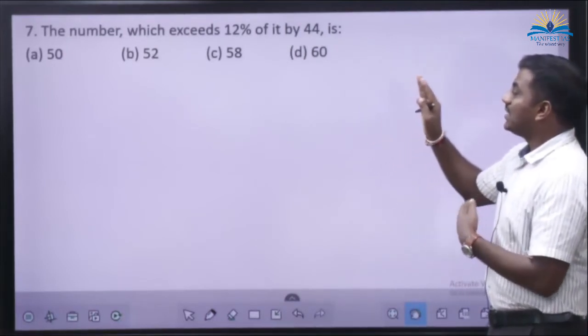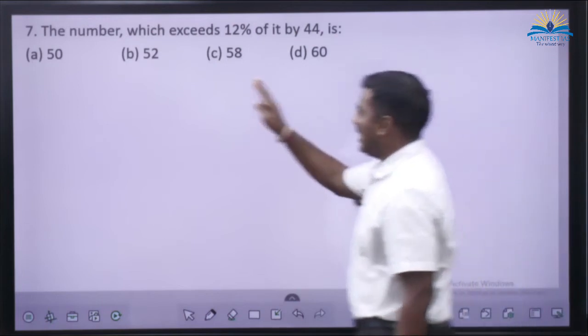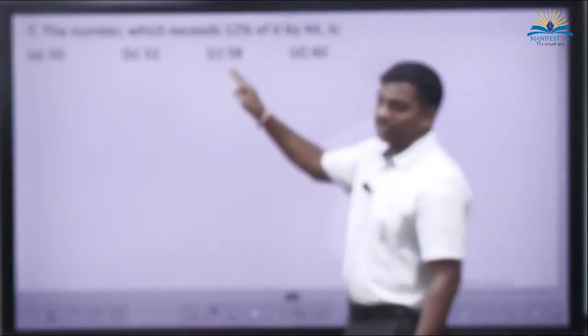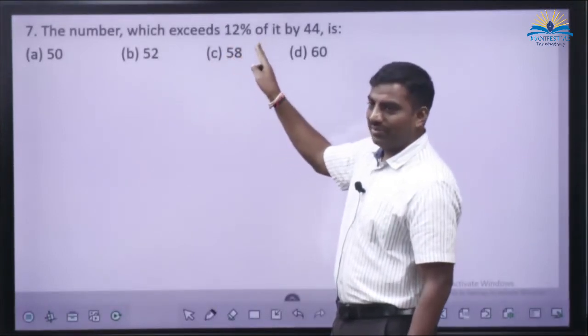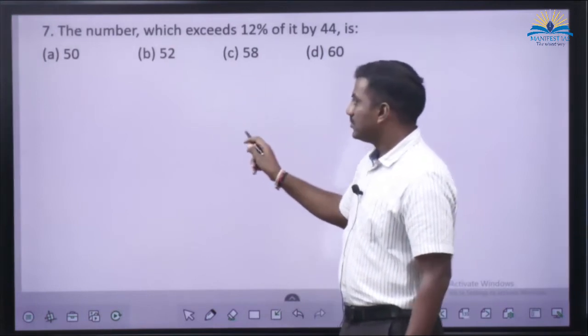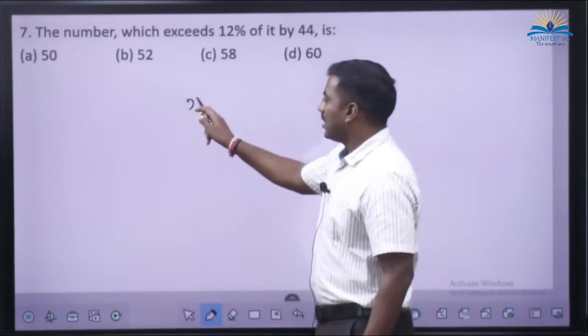Now, the number which exceeds 12% of it by 44 is, they are asking a number which exceeds 12% of it. That means it's 12%. There is one number, let's say x. This number is x.